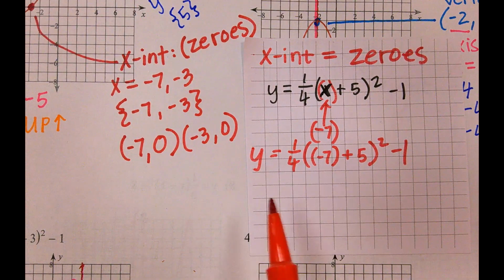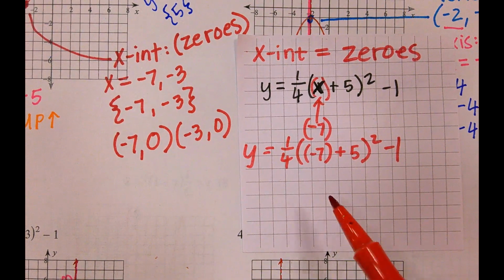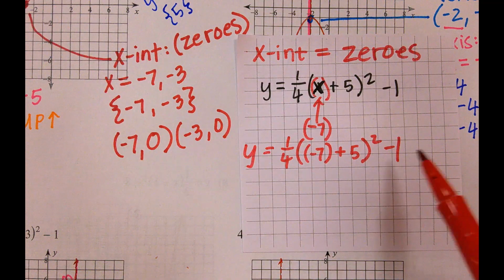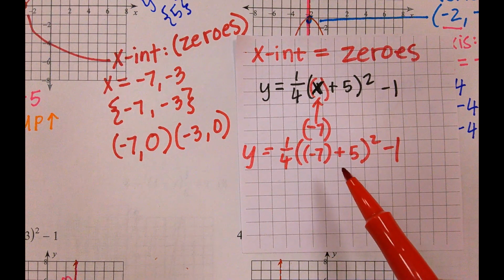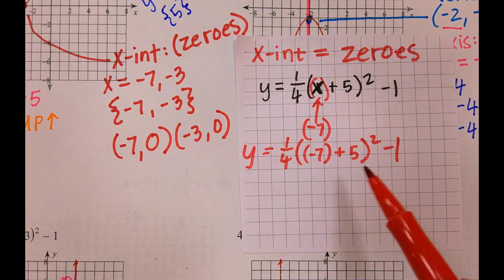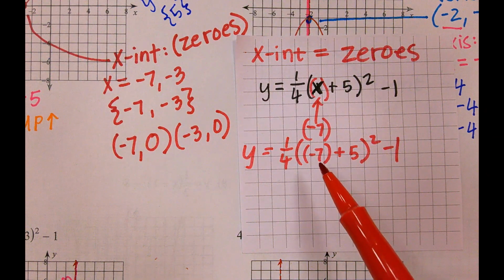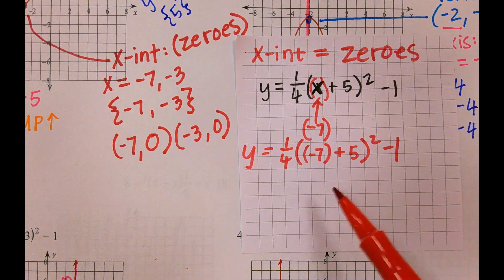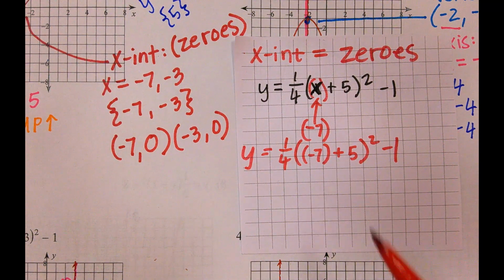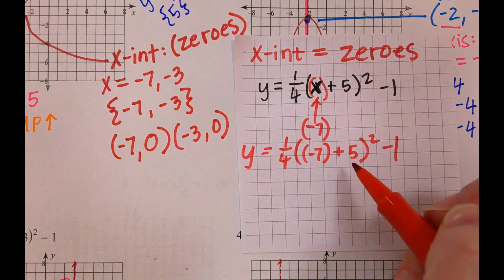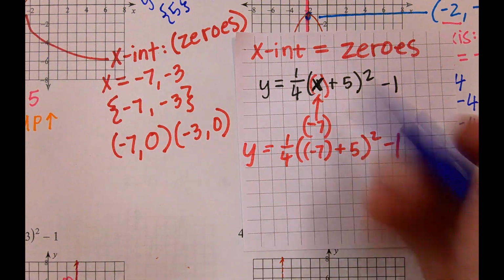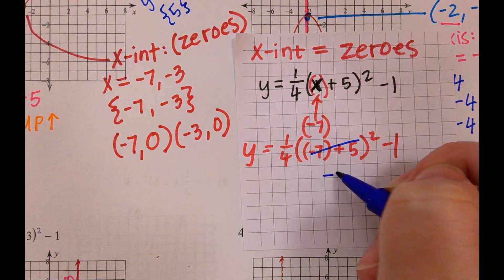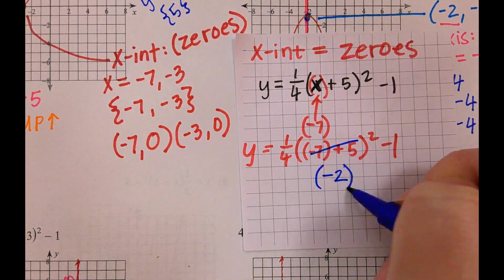And when I solve for y, I should get 0. So real quick, if this is my problem, we want to think about the order of operations. What could I do first? What's in your parentheses? Parentheses. So I have -7 plus 5 in parentheses. What will that give me? -2.